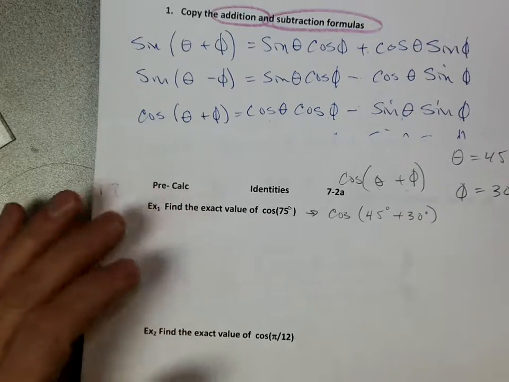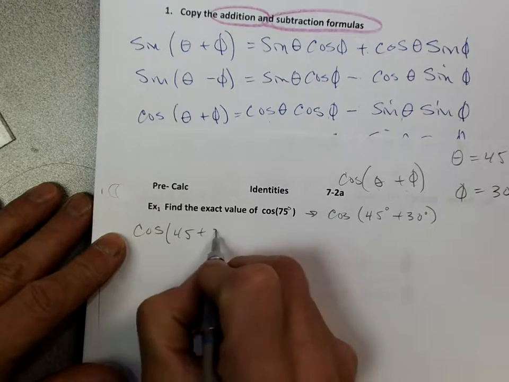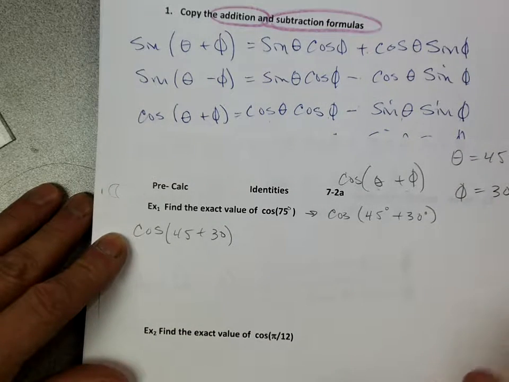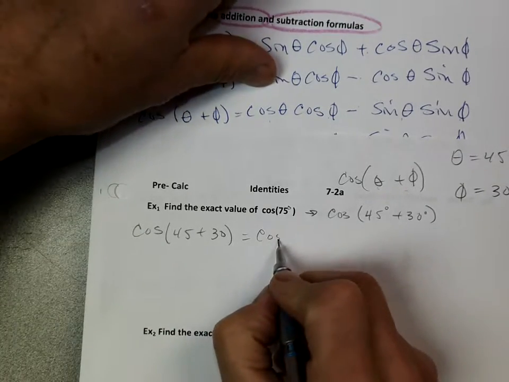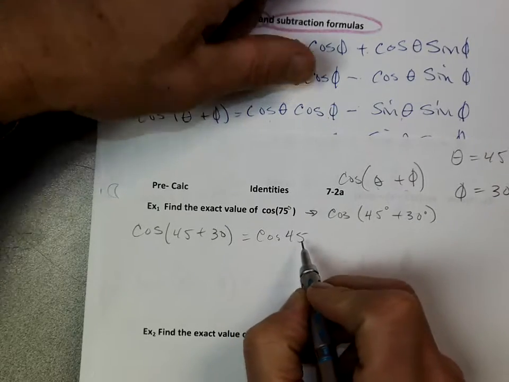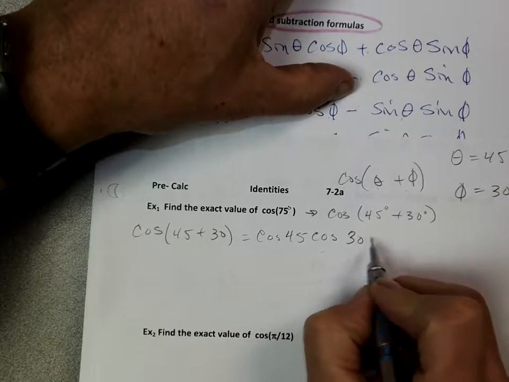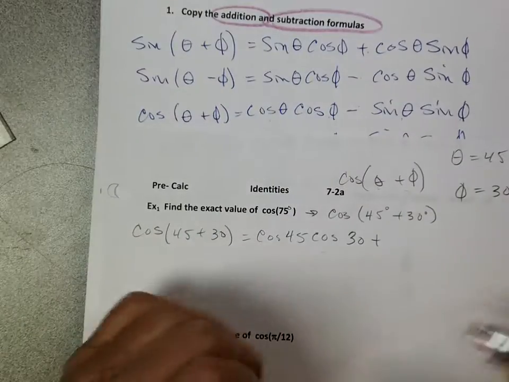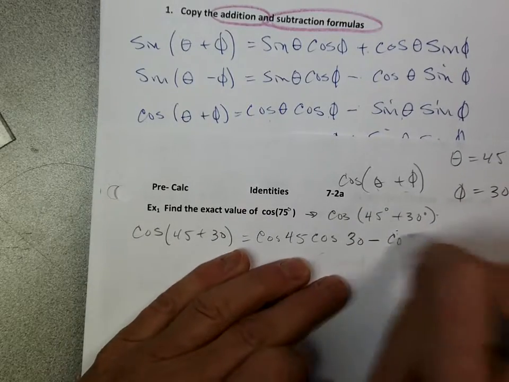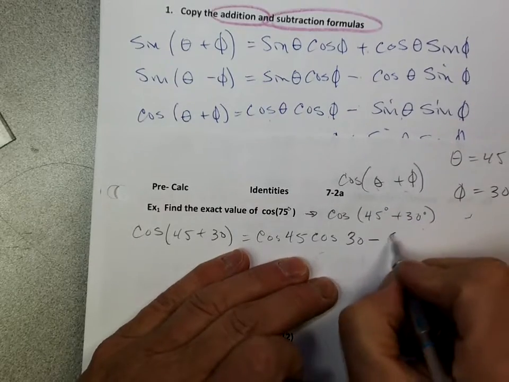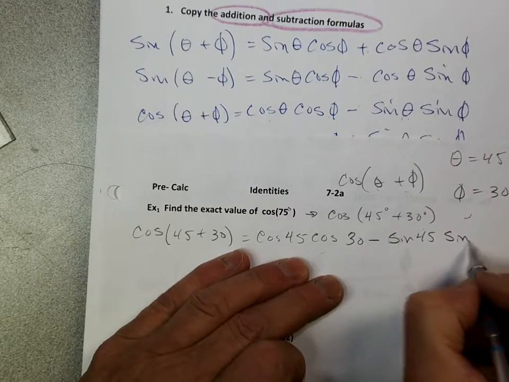So cosine of 45 plus 30, which is a 75 degree angle, is going to equal, to get the exact value, we plug it into the formula: cosine of 45, because that's theta, cosine of 30, which is phi, minus, use the right formula, sine of theta, which is 45, and sine of 30, which is phi.